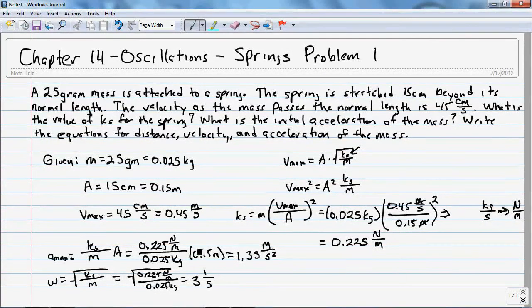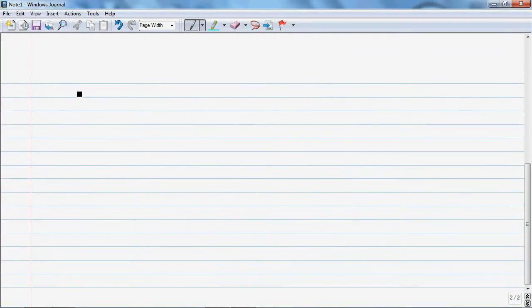Now we can write the equations. Start with x of t, and that's going to be equal to 15 centimeters times the cosine of 3 per second times t.